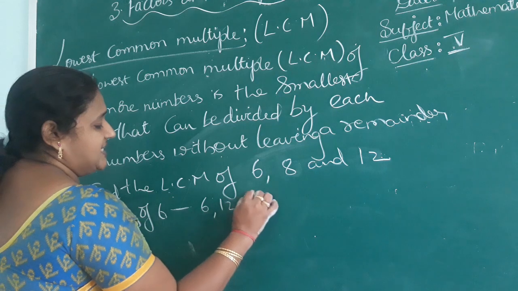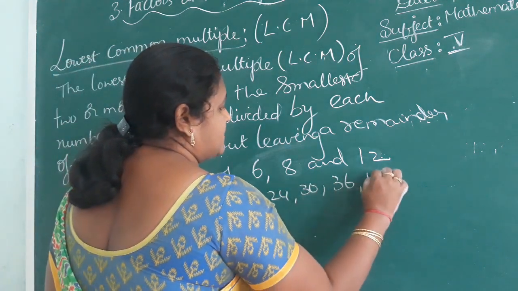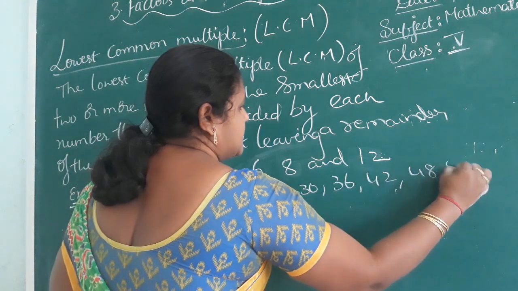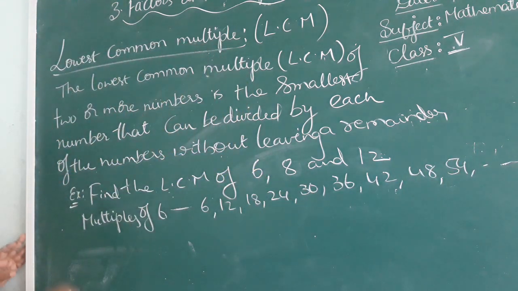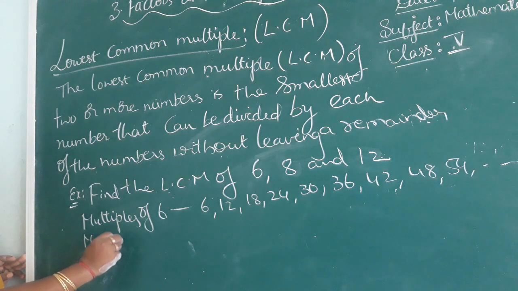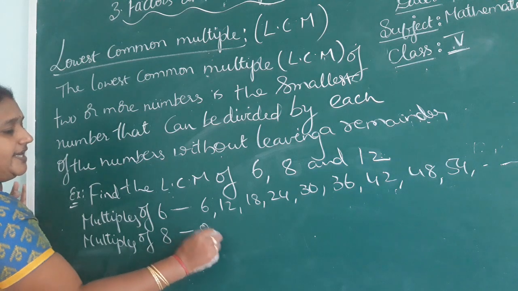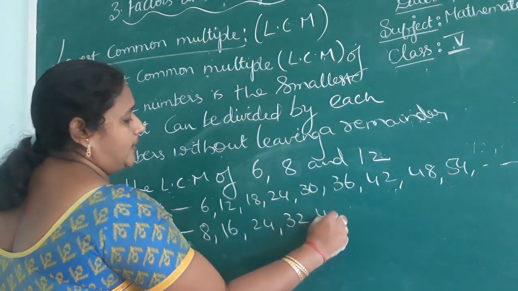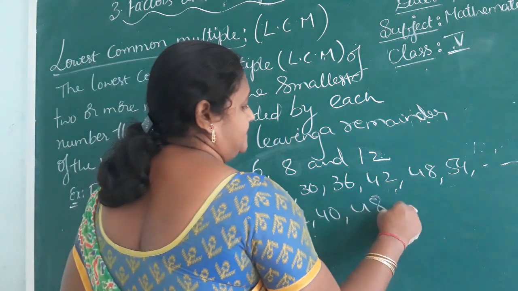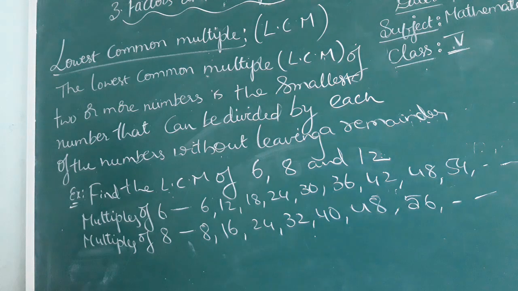Multiples of 6: 6, 12, 18, 6 4s are 24, 6 5s are 30, 6 6s are 36, 6 7s are 42, 6 8s are 48, 6 9s are 54, like that. Next, multiples of 8: 8, 16, 24, 32, 40, 48, 56, and so on.